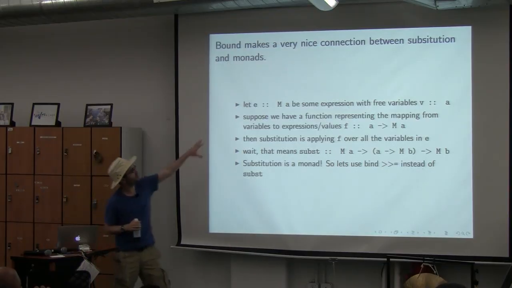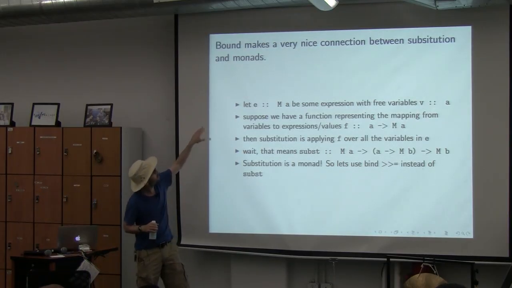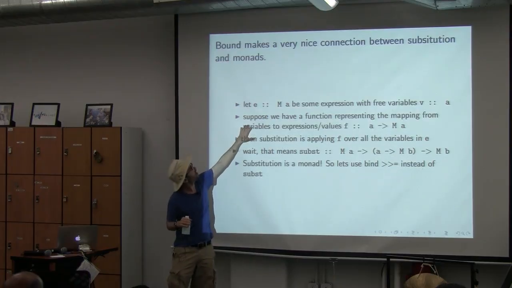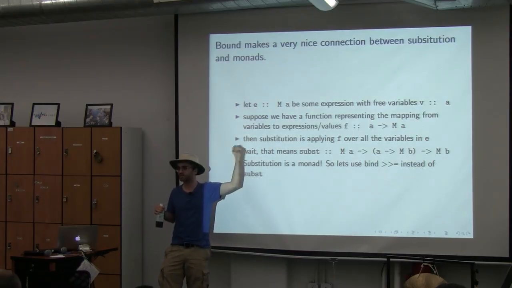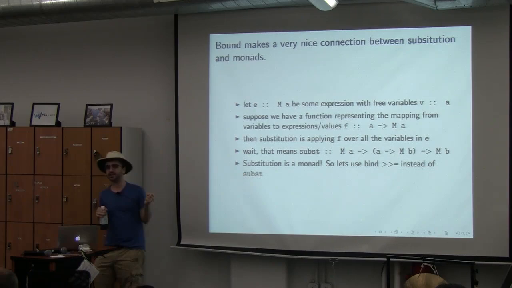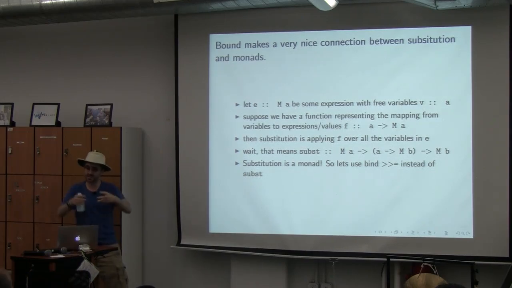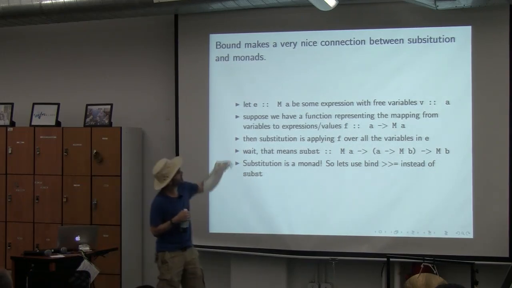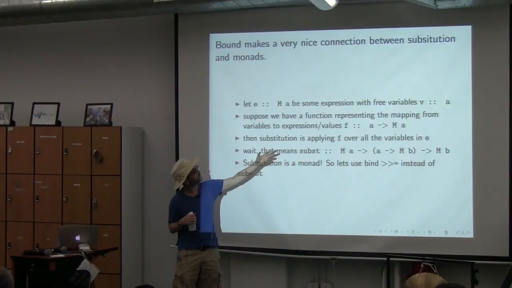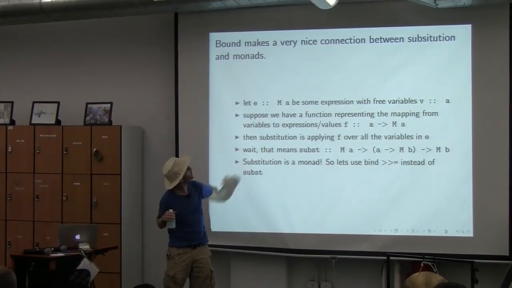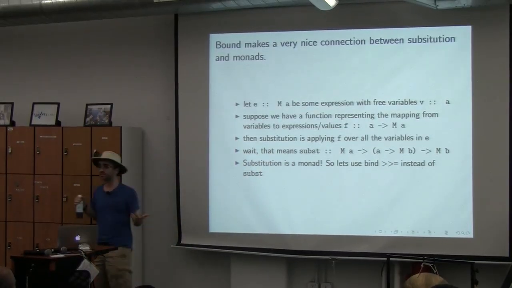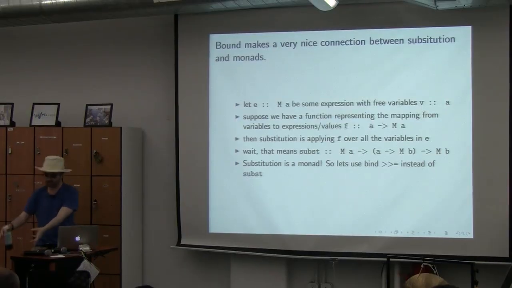So let's just make up some notation. We have some data type M for a language, and the type for variables in this data type is going to be A. And we have free variables of type A. When we're evaluating code and we reach a variable, when we're writing an interpreter, we usually go look up in the environment.